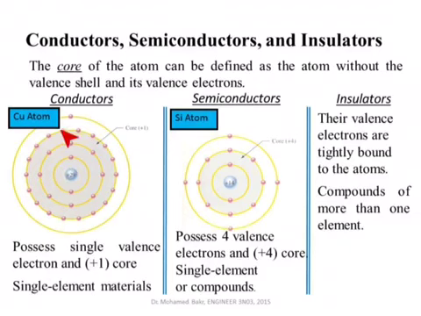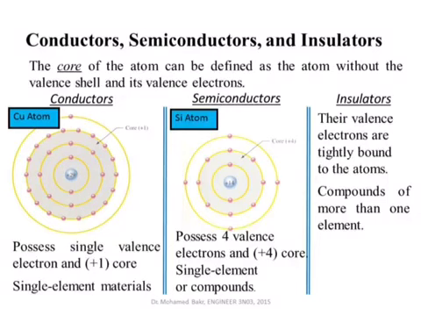So the effective positive charge seen by this single electron is really the charge of one proton, because the number of electrons is equal to the number of protons, so they are all equal to 29. But if you take only the core, which excludes the outermost shell, the net charge is that of only one proton. So this electron is really not tightly bound to the atom, and it can break free at room temperature.